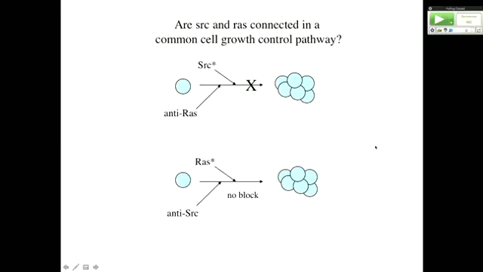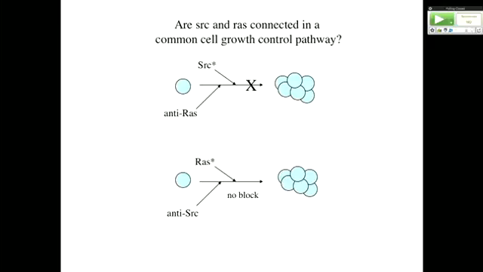Okay, so now the question is, we have two oncogenes that we've identified. We've identified SRC, for which we know there's a normal cellular SRC that can be mutated to become oncogenic. We know that there's a normal cellular RAS that can be mutated to become oncogenic.